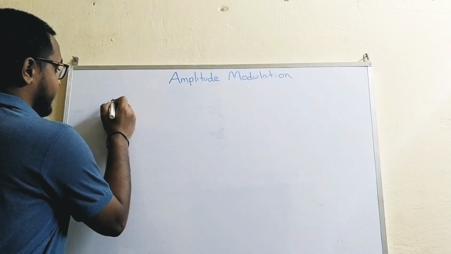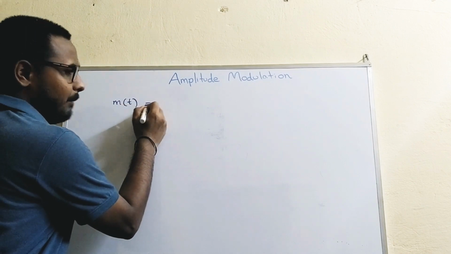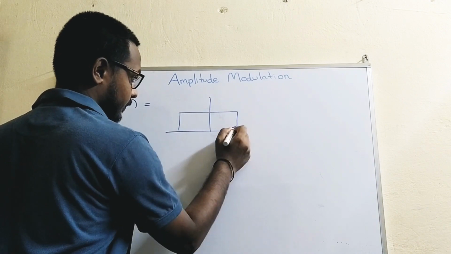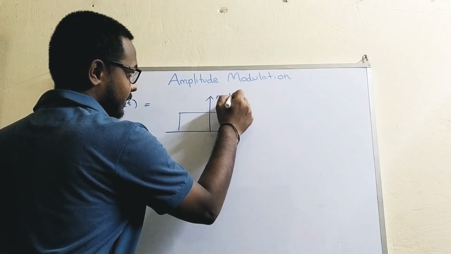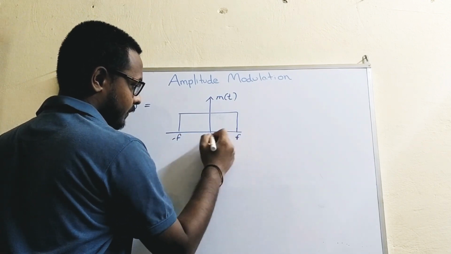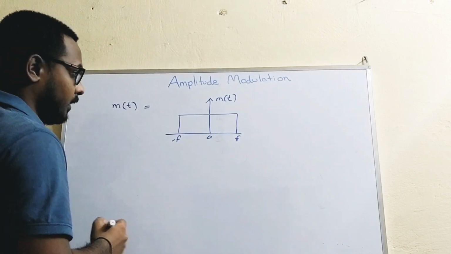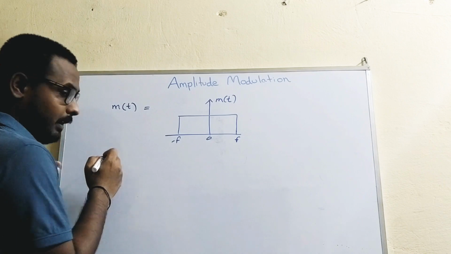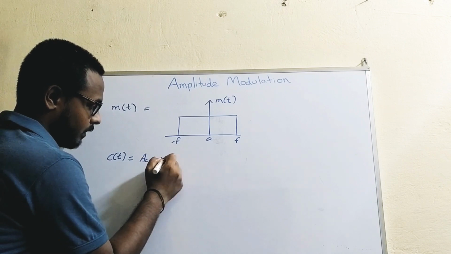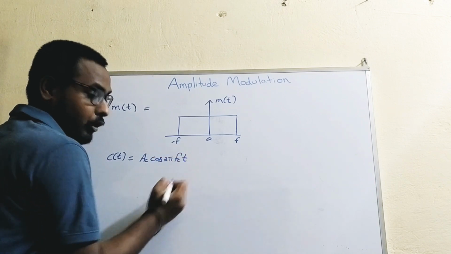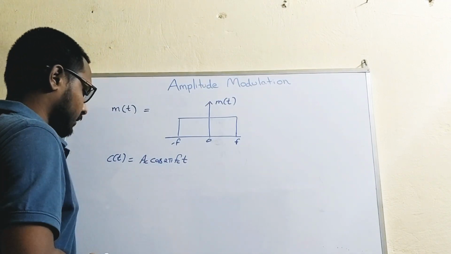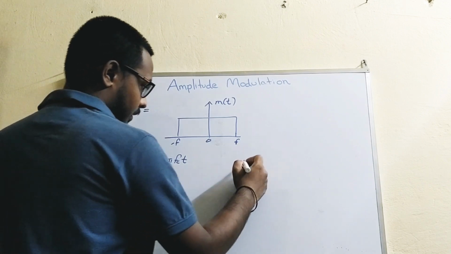Let us take a message signal m(t), this is my message signal m(t), spanning minus F to F. And another carrier signal c(t) equals Ac cos 2 pi fc t, where fc is the carrier frequency.